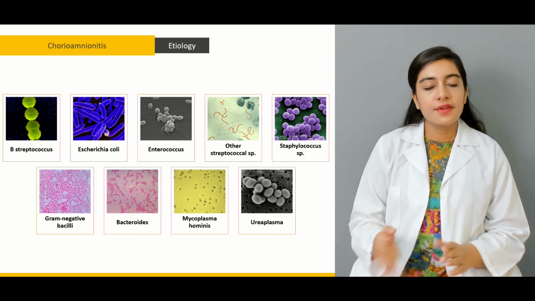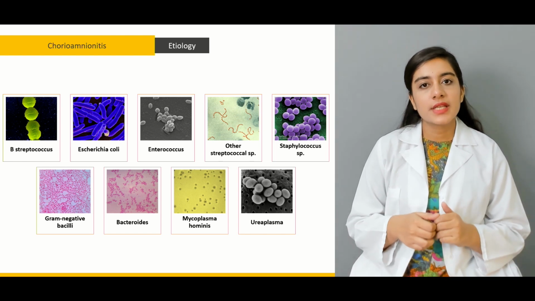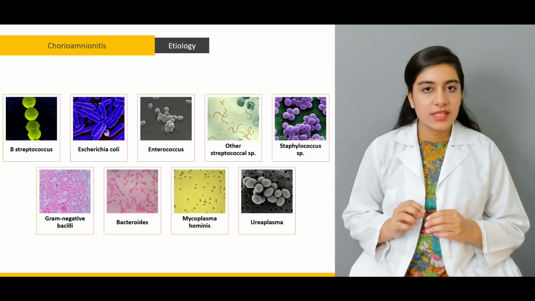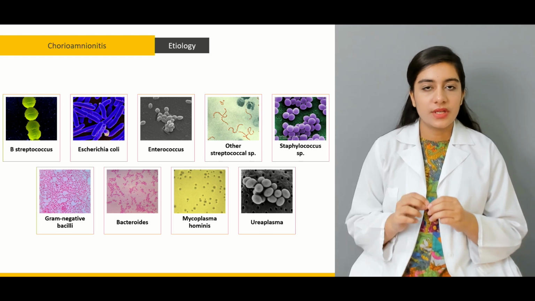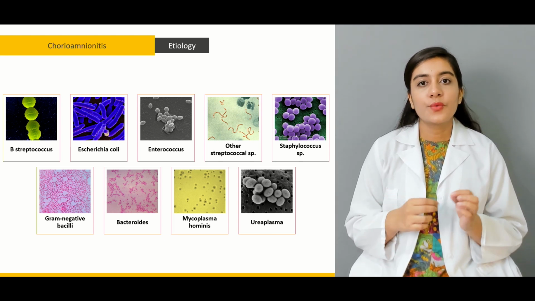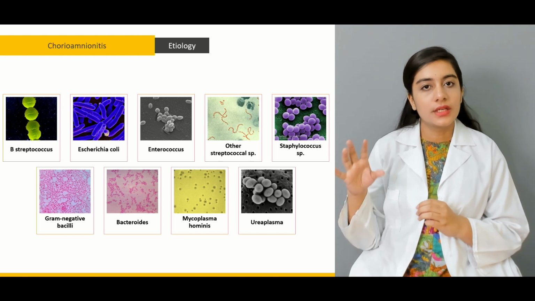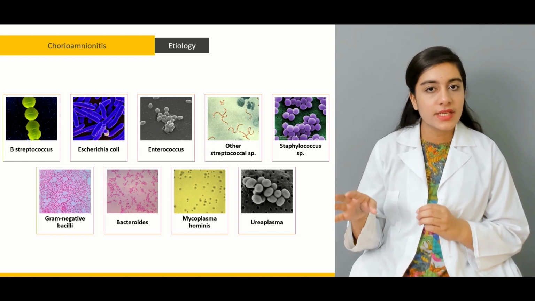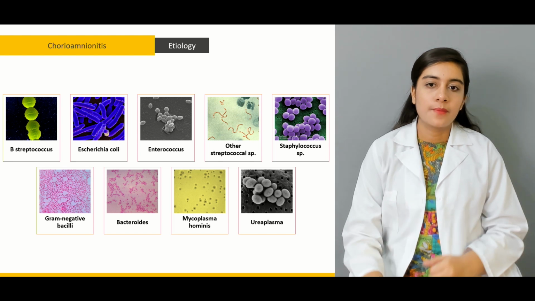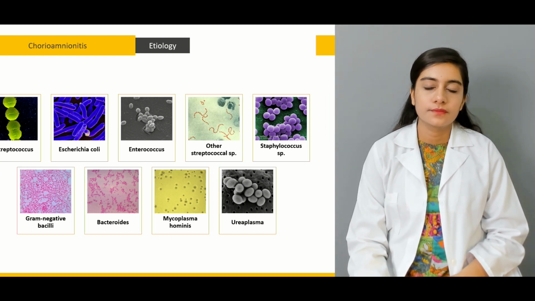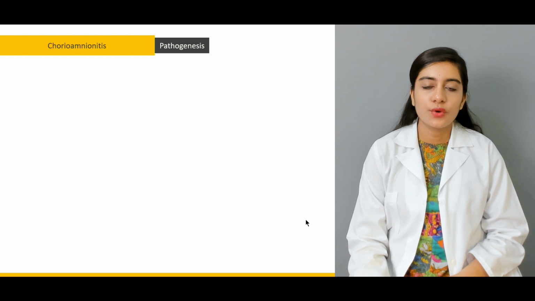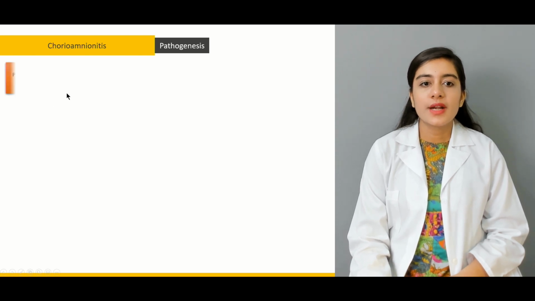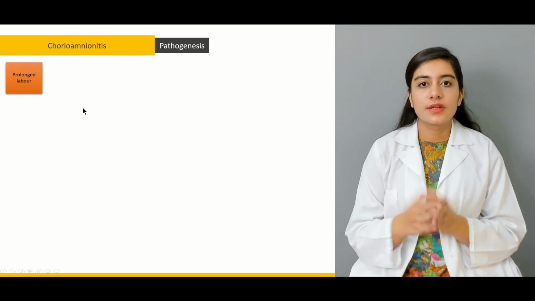Now in the next slide we will be discussing the risk factors, then the pathogenesis, and then finally the signs and symptoms of the disease that are produced first in the infant or the fetus and then in the mother. Okay, so starting the slide with the risk factors.